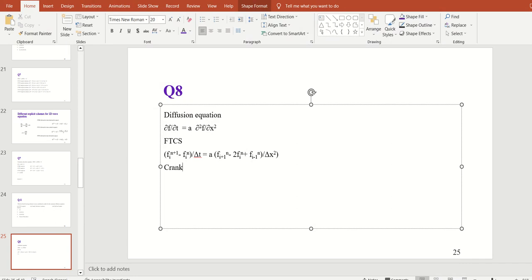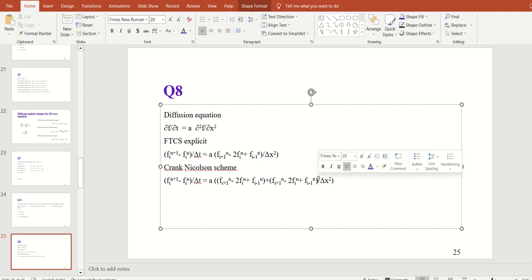Now Crank-Nicolson scheme. In Crank-Nicolson scheme, the same equation would remain the same, but the thing to be noted is that FTCS is an explicit approach. Whereas in Crank-Nicolson scheme, we are calculating at the nth time step, as well as one more calculation for the n plus 1th time step, and then we take the average of these two and get the things done.